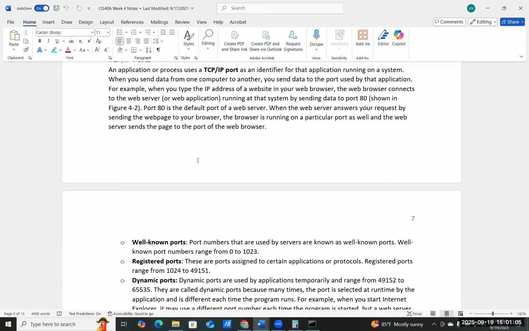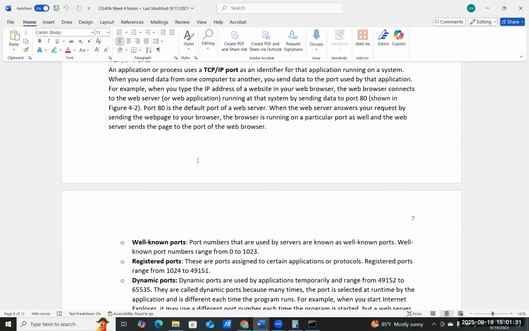So there are well-known ports, also known as common ports, like when we talked about how port 80 is an HTTP port, right? So the industry has a list of the common ports, and each of the values is associated with a specific type of service for the system, like web or mail, right?